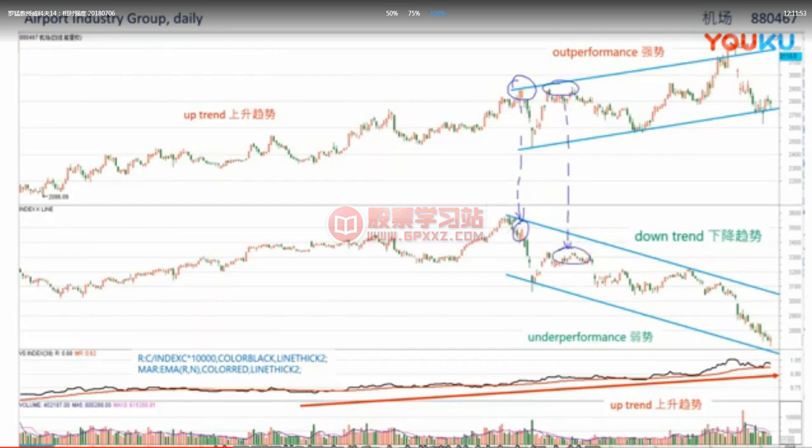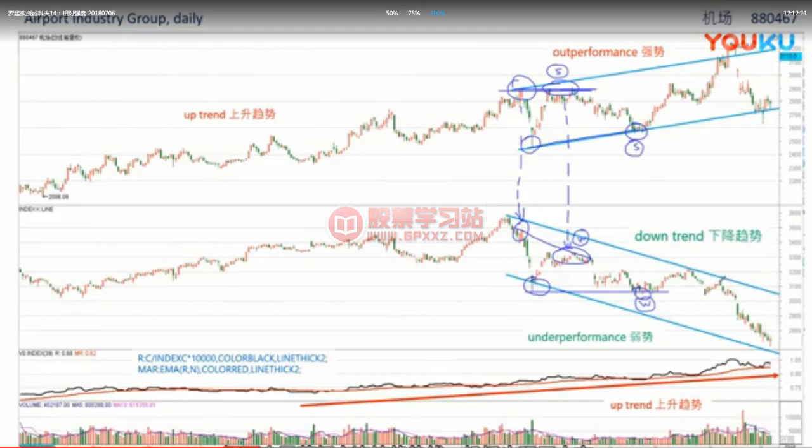And we could see that the slope is so different for the airport industry group. It's stronger at this point than the market. The market is weaker. Then we could take a significant low and compare it to the previous significant low and look at the slope and do the same for the market. And we could see that again, the industry group is stronger than the market. The market is weaker.